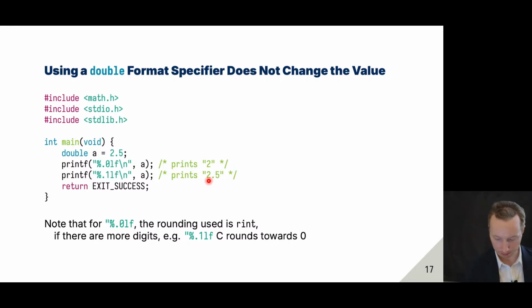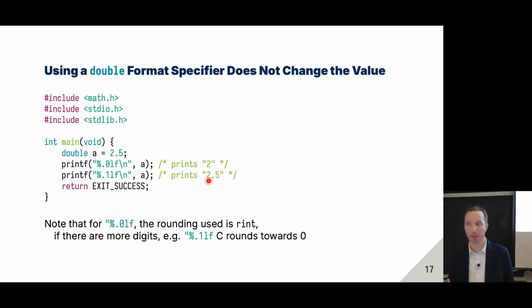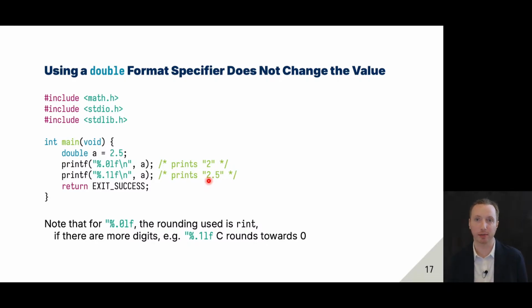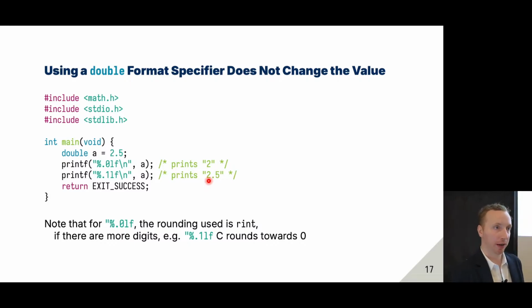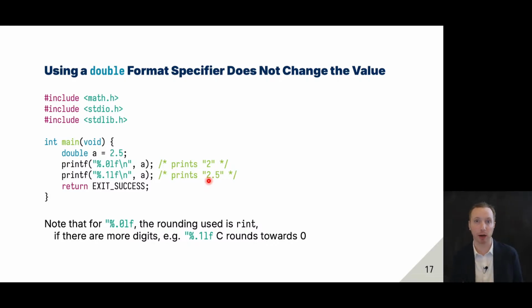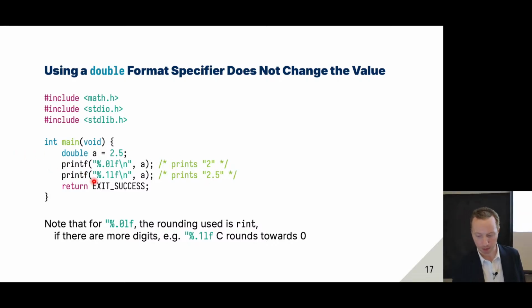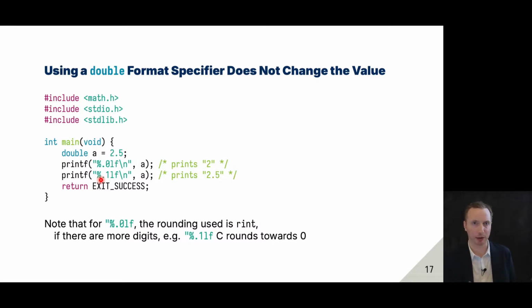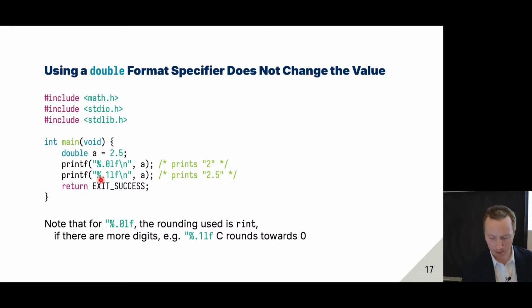Any questions about that? So, the format specifier shows you a rounded value, but it won't actually change the value itself. For this 0.1, you can just use that for the lab. You don't have to worry about actually trying to round the value itself, at least for lab 1.